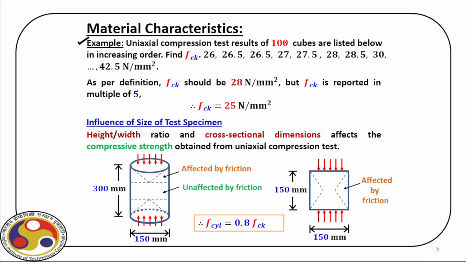So if you have, say, 100 cubes, and these are some of the values, as you can see, and then if you take the average of these values and find out FCK, and if it turns out to be 28 Newton per millimeter square, then in the code you can see that these values are in intervals of 5, and we have M15, then 20, 25, 30, and that's how it increases. And there are different grades of concrete prescribed in the Indian Standard Code.